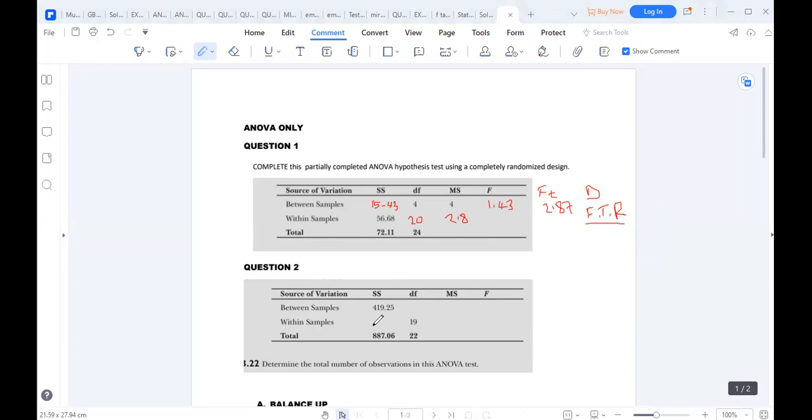So here, let's quickly balance up. How do we get the difference here? 467.81 within. Then here, 3, 10.